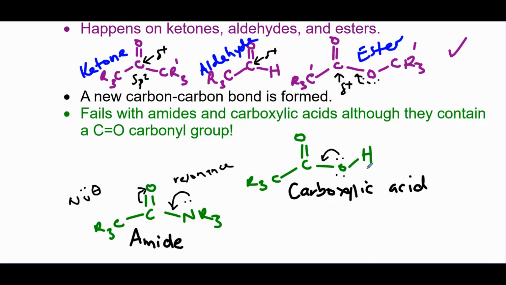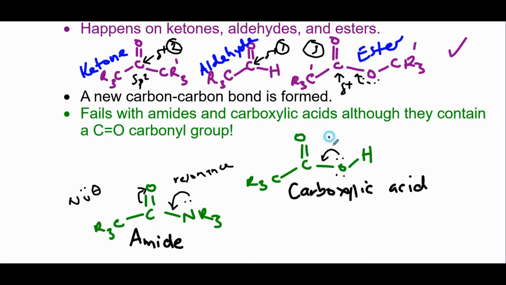Carboxylic acids are acids, and we'll talk about limitations of the Grignard reaction, and I'll tell you that this hydrogen here is going to kill the Grignard reagent. Anyway, if you're to rank the reactivity of these, the aldehyde is more reactive than the ketone, and the ketone is more reactive than the ester, just because the ester has an oxygen that partially kills the positive character on the carbon.